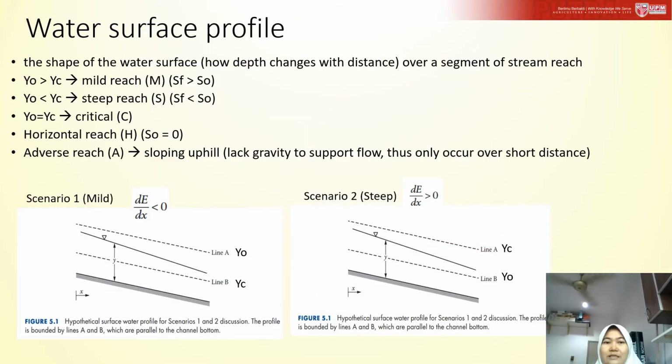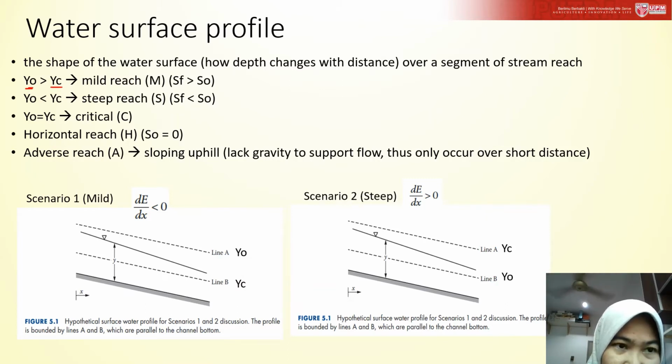Now this is water surface profile. Water surface profile is the shape of the water surface, which means how depth changes with distance over a segment of stream reach. This is normal Y of the channel, and this is the critical depth of the channel.